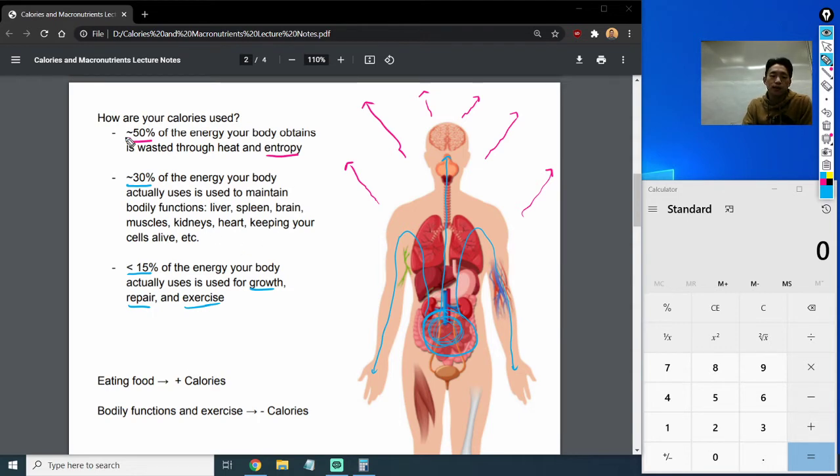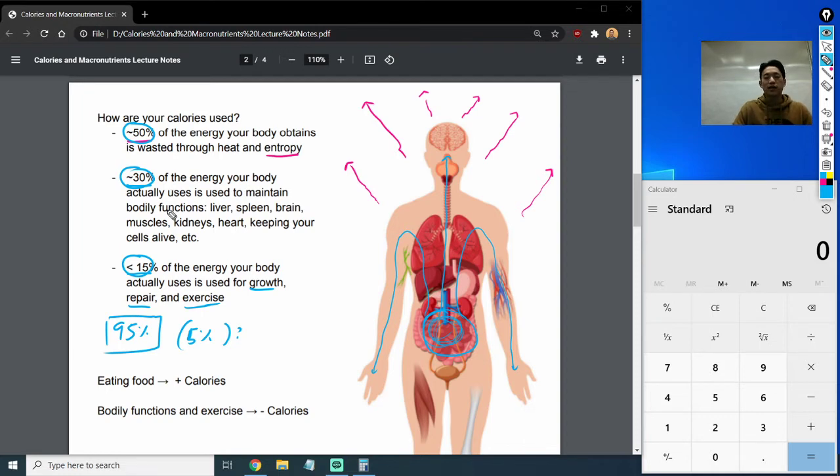Now, before you guys tell me, Mr. O, this doesn't add up to 100%, right? Because we have 50, we have 30, and we have 15. So that's 95%. So where is the other 5%? Okay, so I just want to point out that these are approximate. It's about 50, about 30, less than 15, and we don't know how everybody uses 100% of their energy, right?